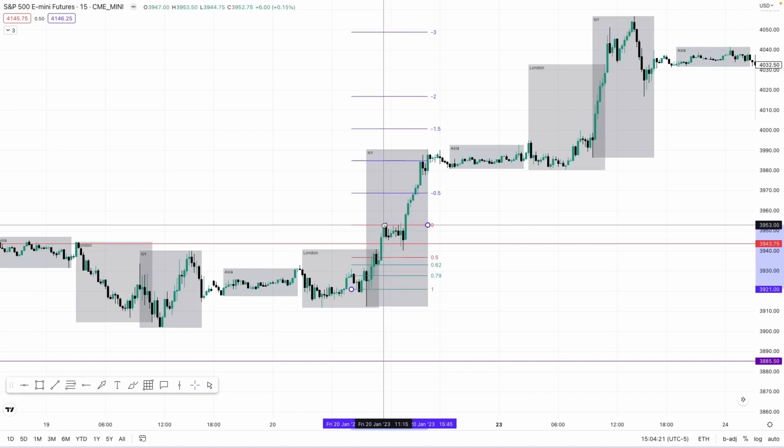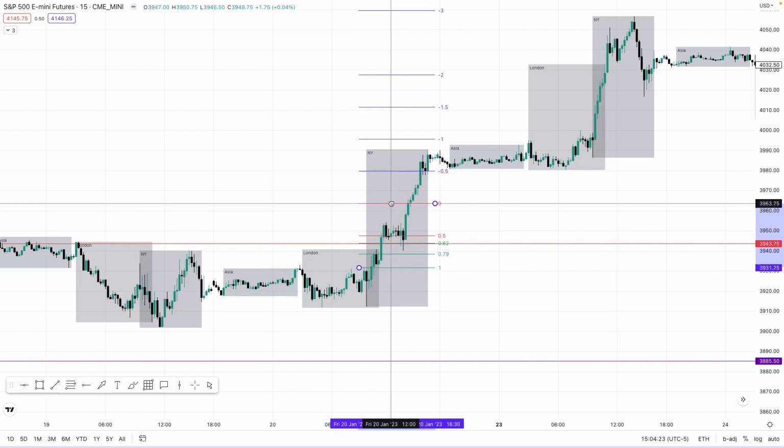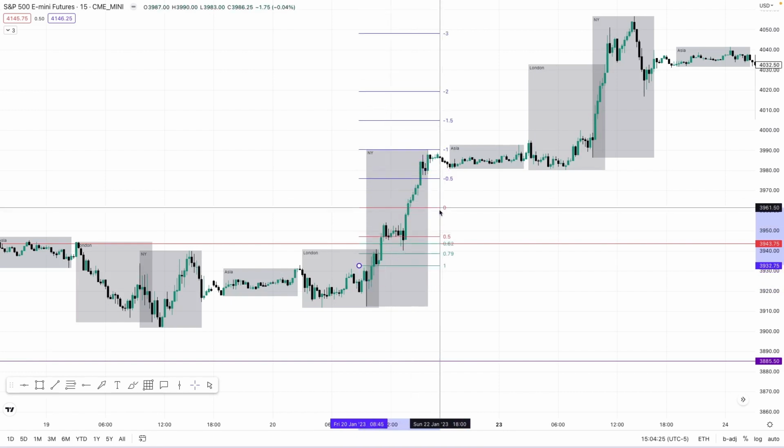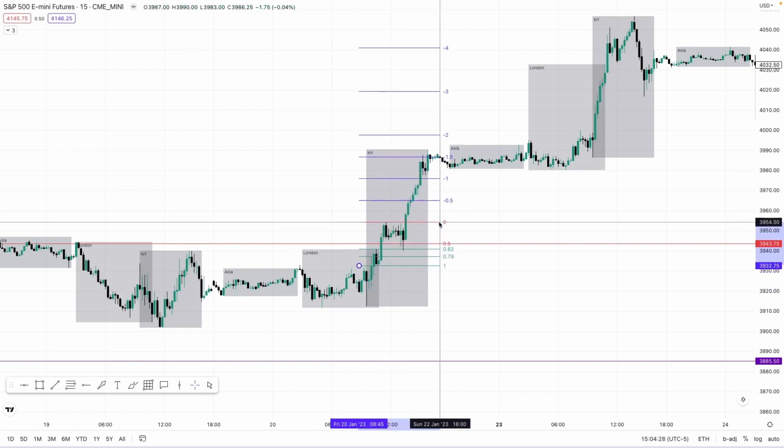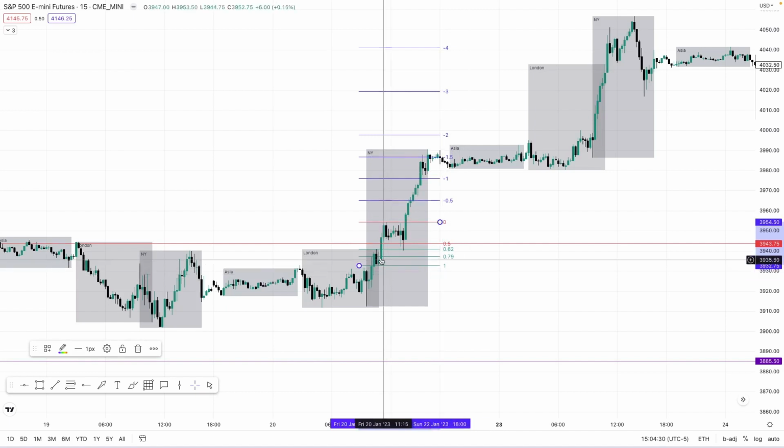I'm going to take this swing low and just place it right here. Okay, so we had a little bit of consolidation right here, and we start to expand out of it.